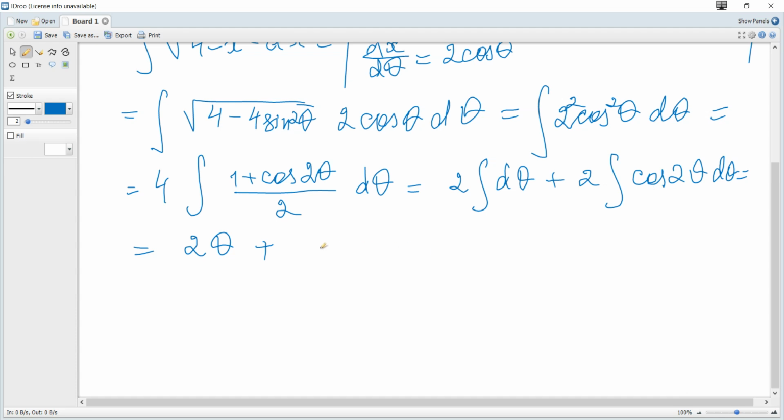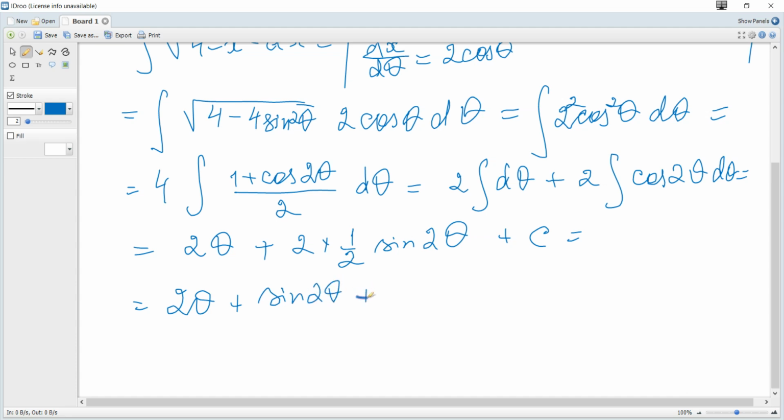So it becomes these 2 and 1 over a, so 1 over 2, and the integral of cosine is just sine, and definitely we keep the same argument, and plus some constant, and it becomes 2 theta plus just sine of 2 theta and plus constant.